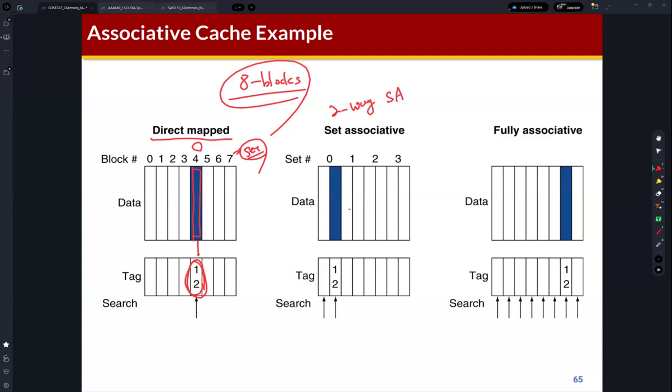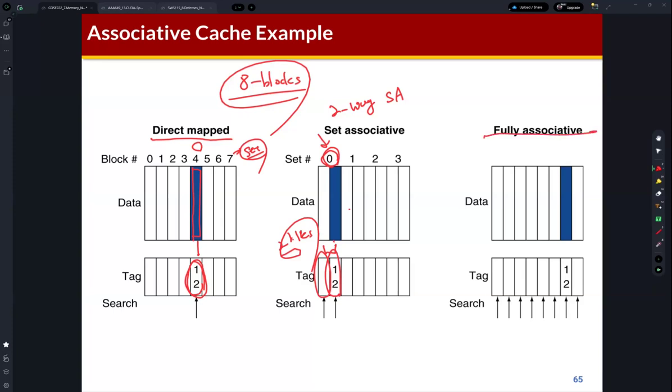It means that in one set, there are 2 blocks. So when the set index is determined from the address, we can compare 2 blocks.